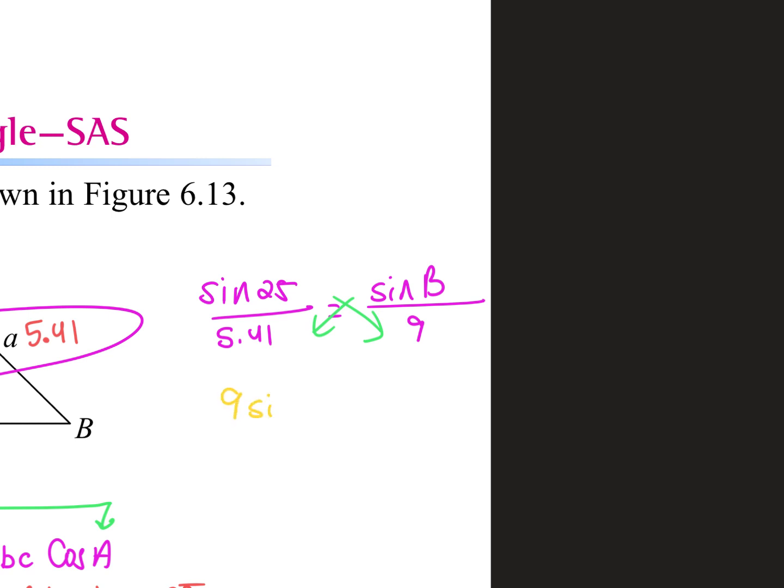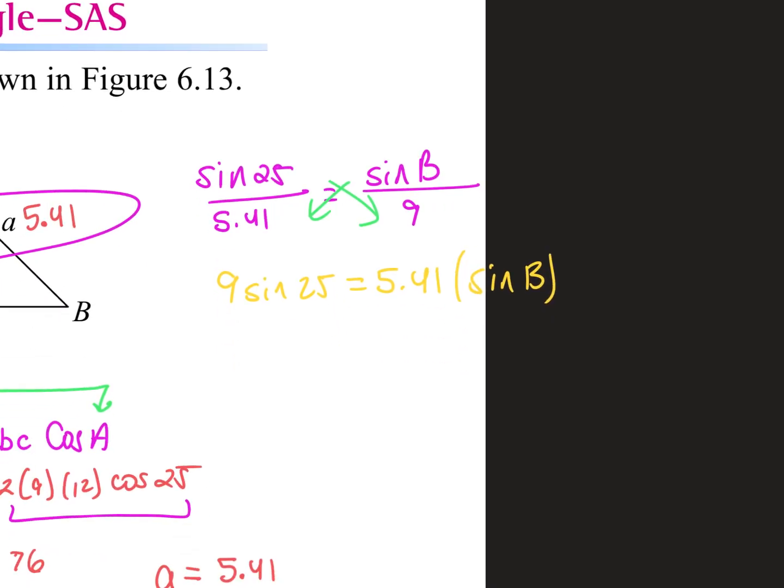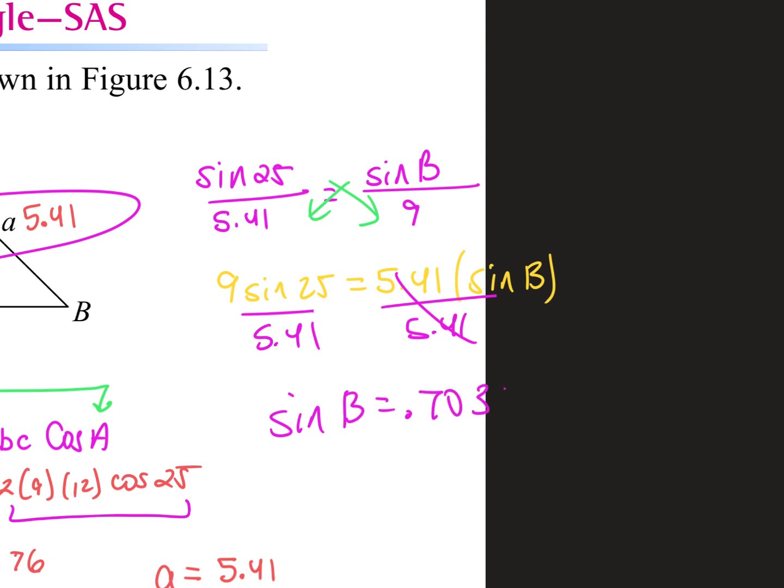So I have 9 times the sine of 25 equals 5.41 times the sine of B. Divide both sides by 5.41. So I have the sine of B equals 9 times the sine of 25 divided by 5.41, which is 0.70306.